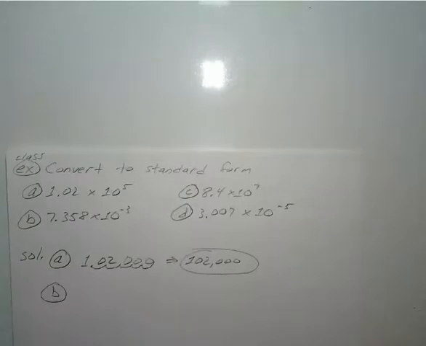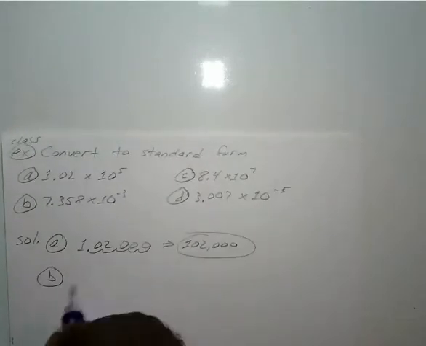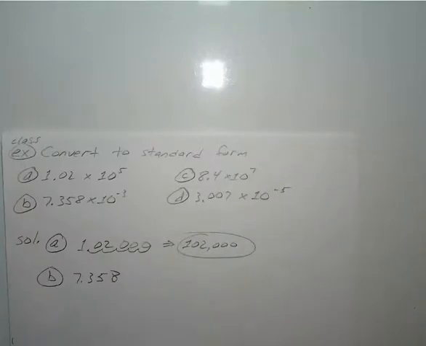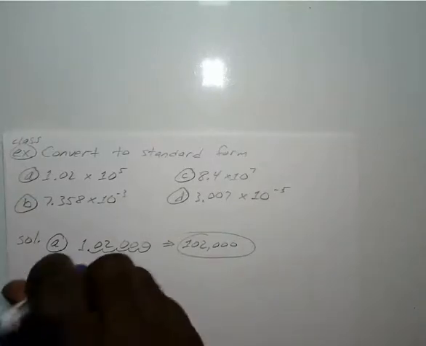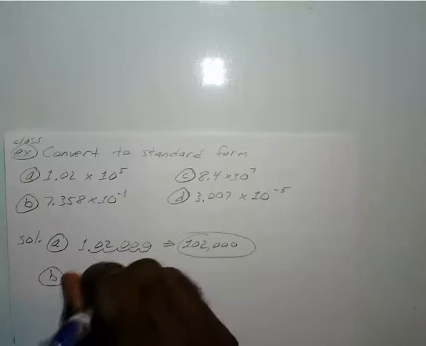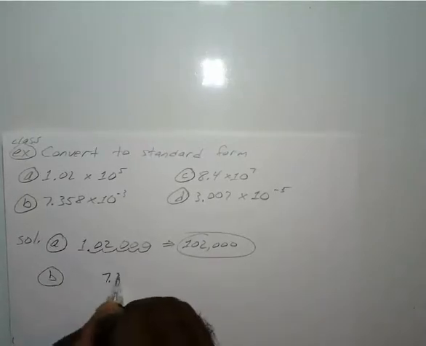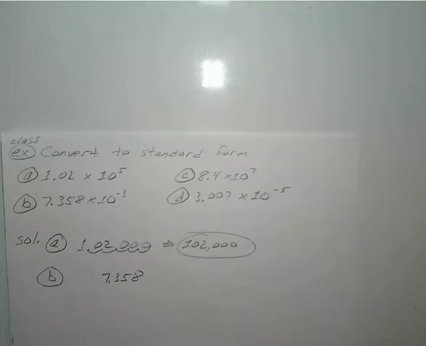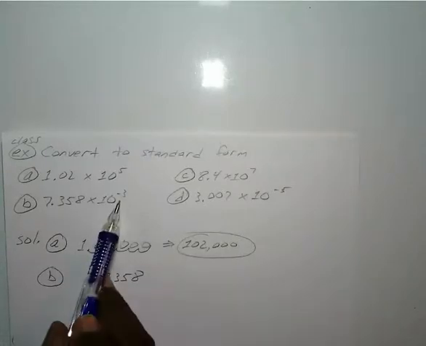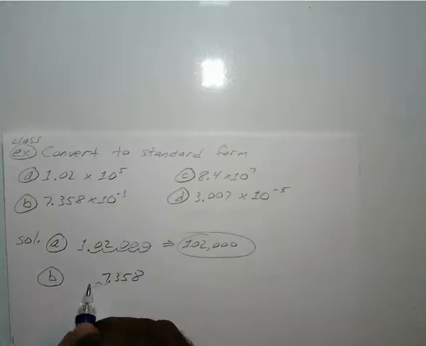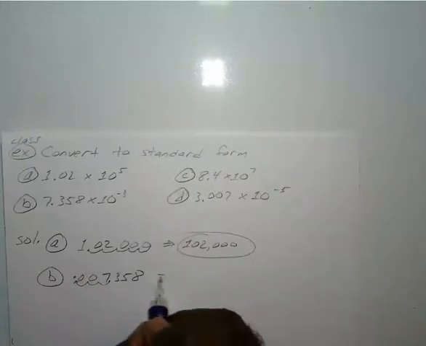Okay, so for problem B, you have 7.358. Oh, actually, I should move that over a little bit because that exponent's negative, so we're going to have to move the decimal to the left. So it's 7.358. So if we move it, the negative exponent 3 places to the left, 1, 2, 3, where we have our decimal point here, and we fill in any empty places with zeros.